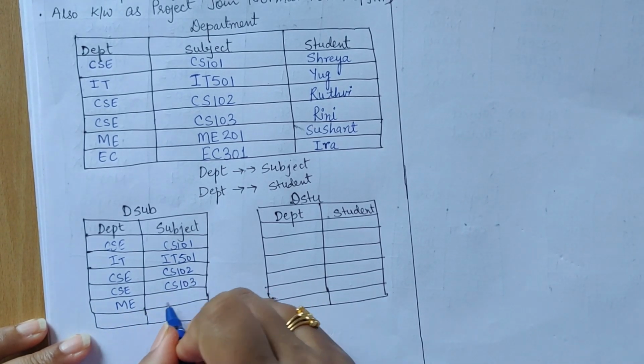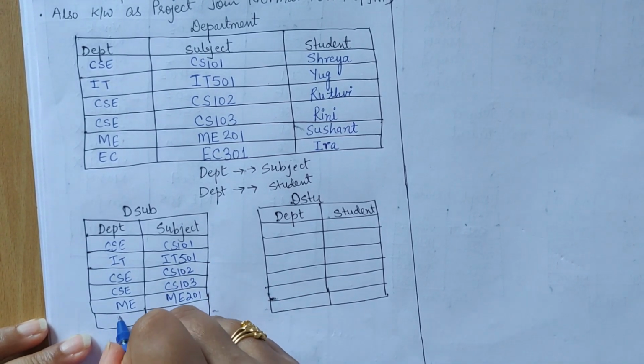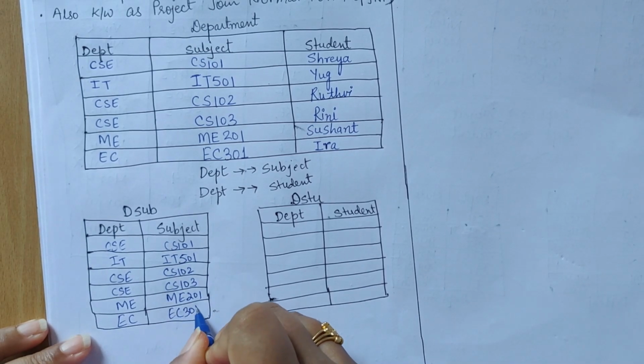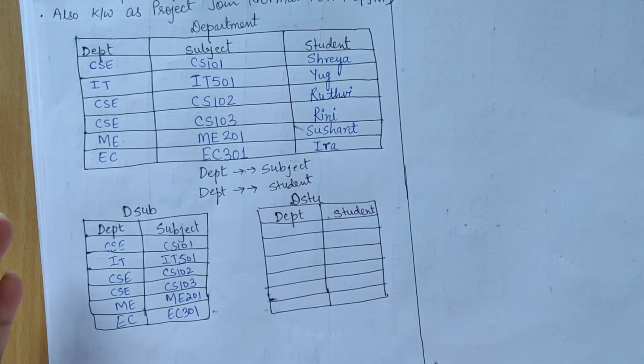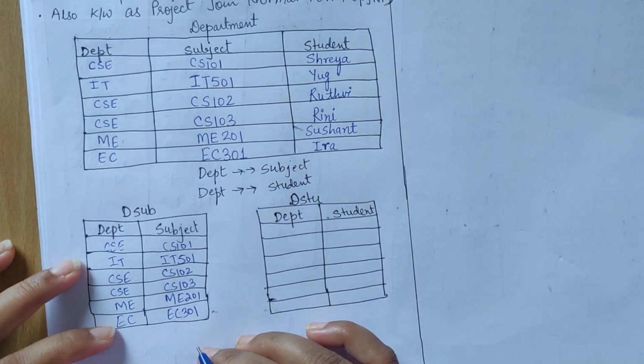For mechanical ME, the code is 201. For ECE, the subject code is 301. So this is the table for D subject, where we have department and subject data.